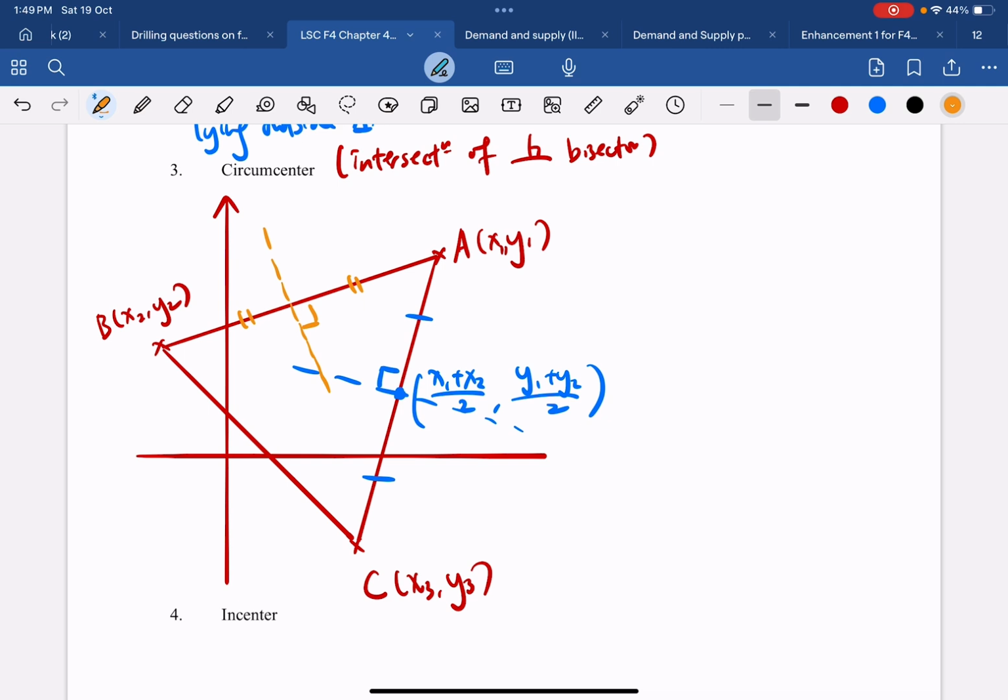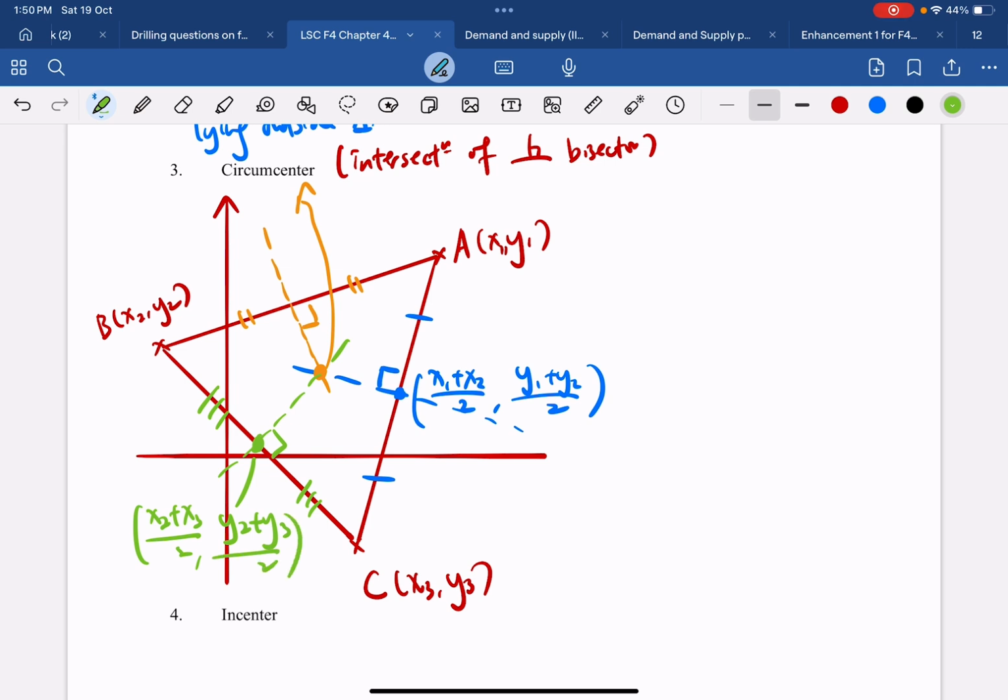So you already know actually this is the circumcenter, right? And then we can also draw the third one, the perpendicular bisector of BC, so it's this one. Again, this point is the midpoint of BC, which is x2 plus x3 over 2, y2 plus y3 over 2.